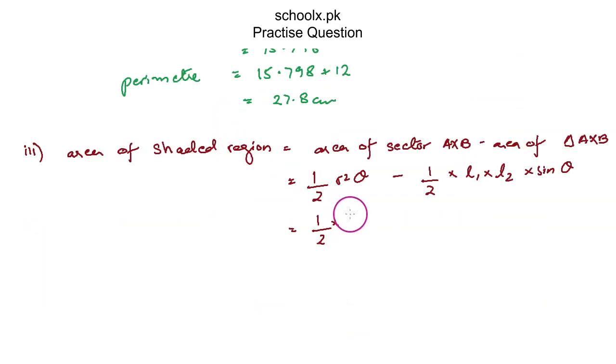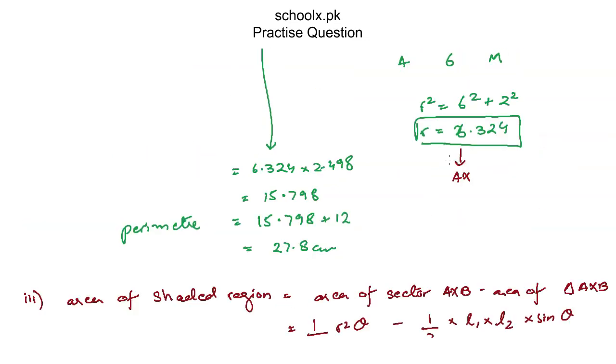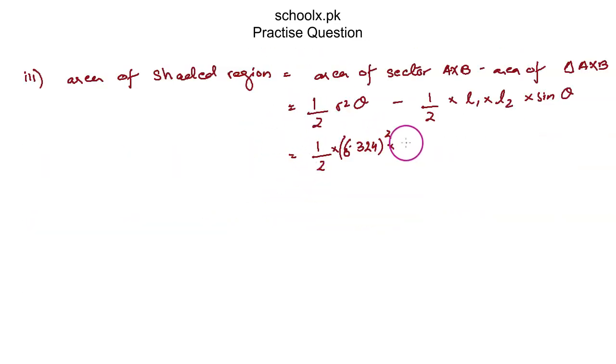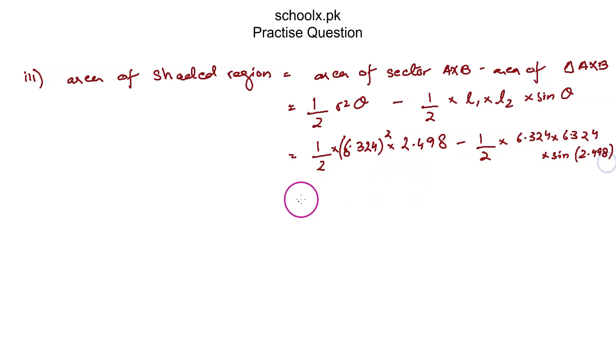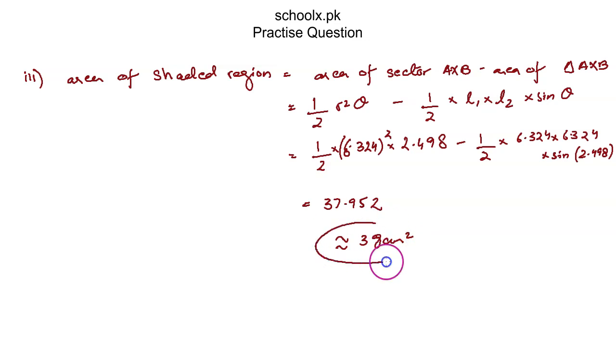So half into 6.324 squared times theta, which was 2.498, minus half times side 1, 6.324, the radius, and 6.324 again as side 2, into sine of the angle between them, sine of 2.498. If we compute this, we'll get 7.9 to 38 centimeters squared, the area of the shaded region.